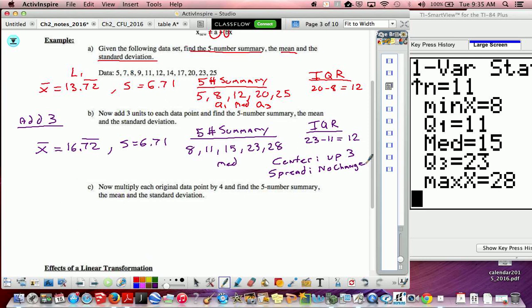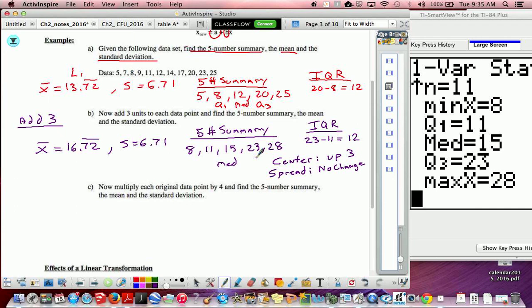And probably the easiest way to see this is looking at the IQR, because since the Q1 value went up by 3 and the Q3 value went up by 3, it's like all the data points have been shifted up.